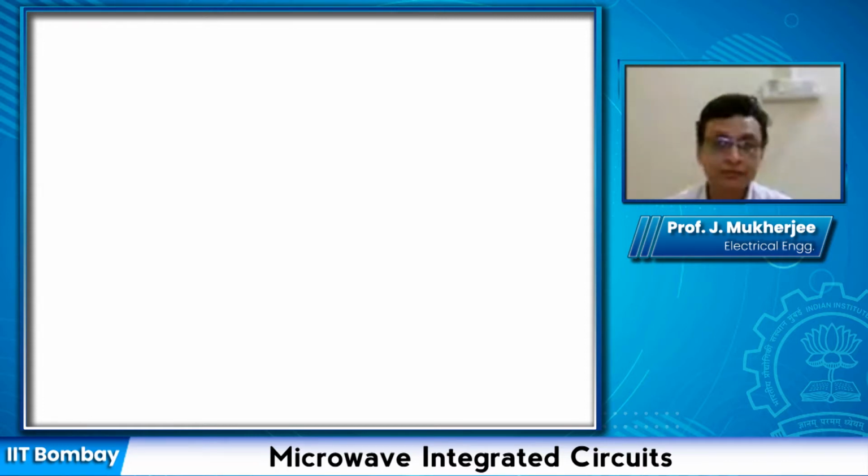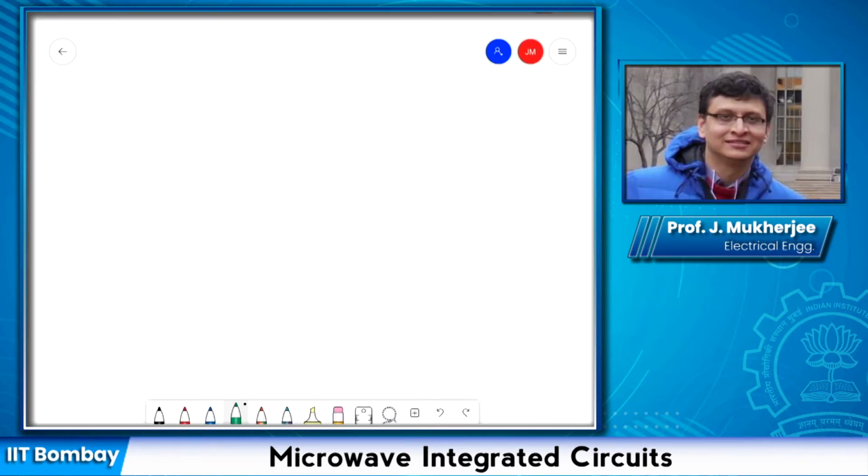Before we obtain that expression, we need to discuss something called the theory of small reflections. So let us see what that is. Let us consider the same setup that I had discussed.